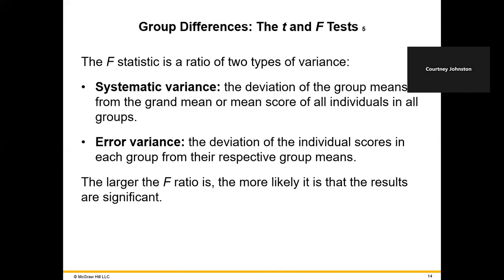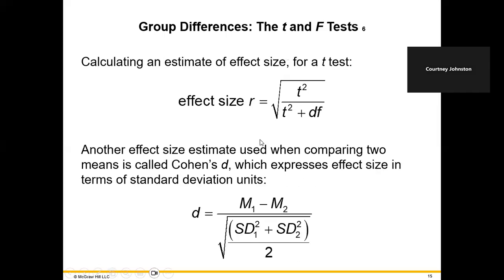So how much do individuals vary from the overall mean of that group? The larger the F ratio is, the more likely it is that the results are significant. That's the basis here. The larger the F value, the more likely it is that the results of your research are significant. That's the important thing here.